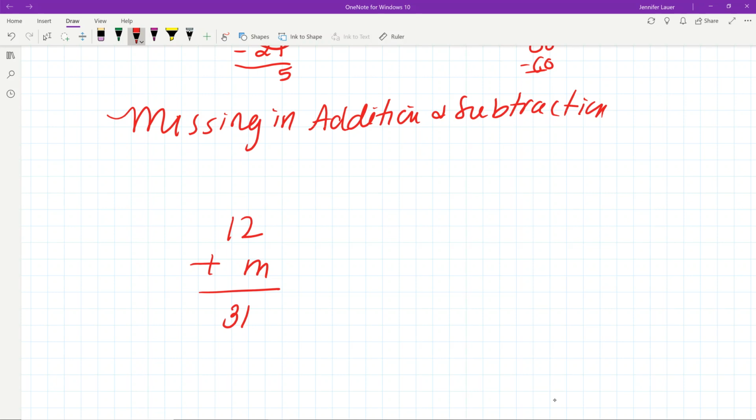We're saying 12 plus something is 31. Now, what you need to understand is, do I want a bigger number than 31 or a smaller number than 31? Obviously, you want a smaller number than 31, because 12 plus a bigger number than 31 would not add up to equal 31.